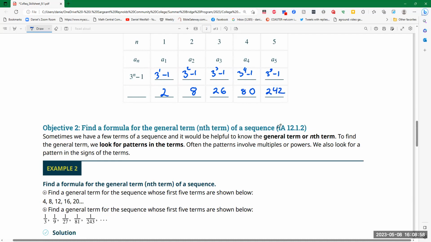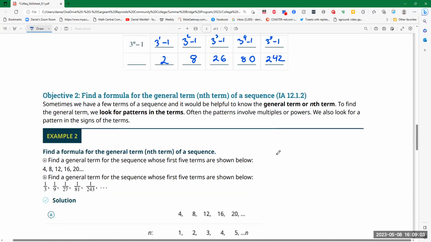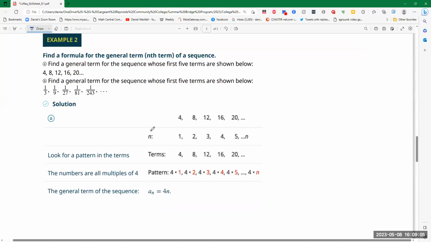So now we're going to go the other way, and they're going to give us some terms, and they want us to find the general term through a process called induction. Let's take a little bit of information that we know, and let's induce a pattern. So 4, 8, 12, 16, 20.